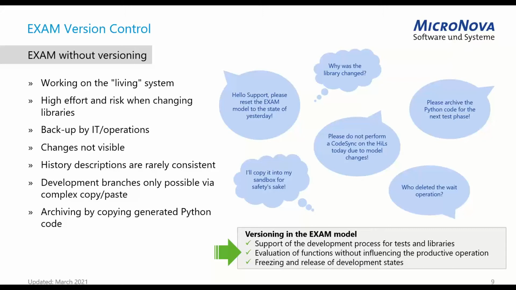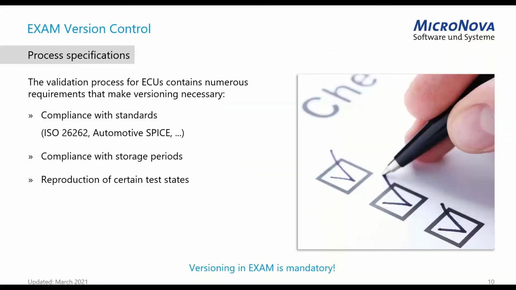Another requirement was also to freeze and create releases of your current development states. Just think of the end of a software development phase, when you have finished the implementation with your tests and you want to definitely store and freeze those test states for a later revision.